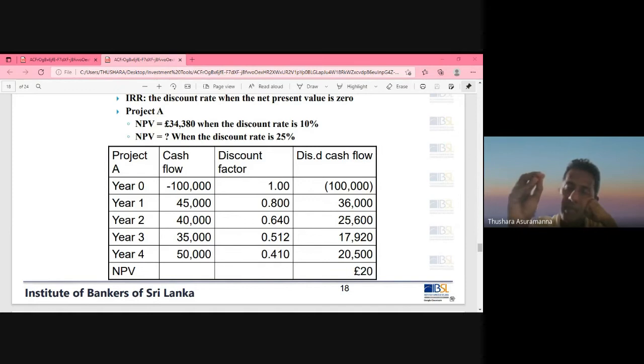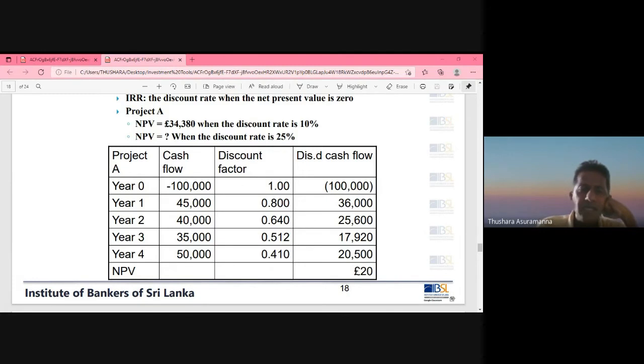There is an equation, I'll show it in a little while. For that equation, we need two interest rates and two relevant NPVs. One should be a positive NPV, one a negative NPV. Hope it's clear. By substituting those into this equation, it gives you the IRR for that particular project.